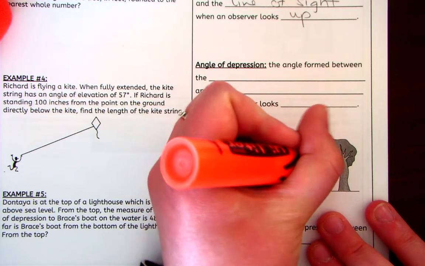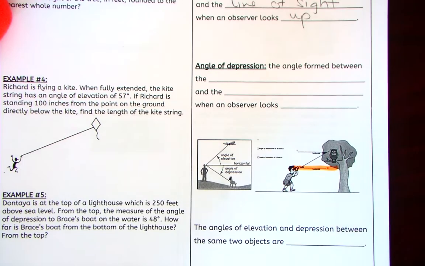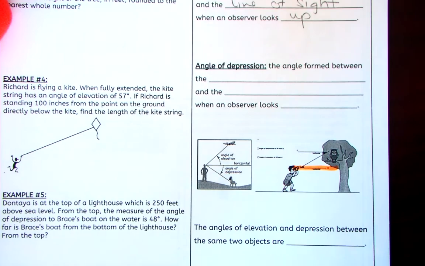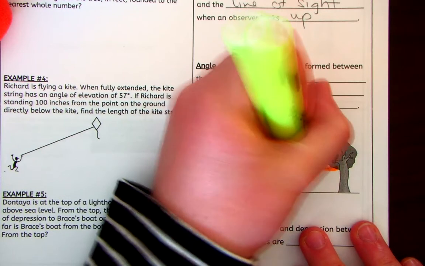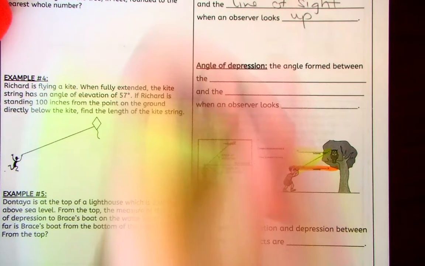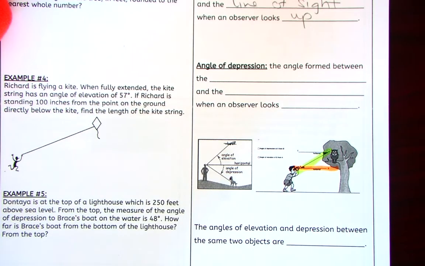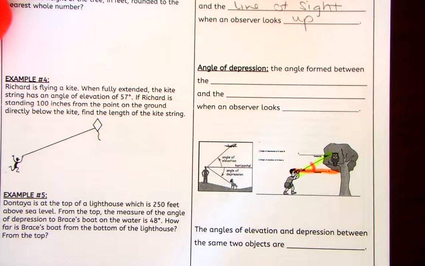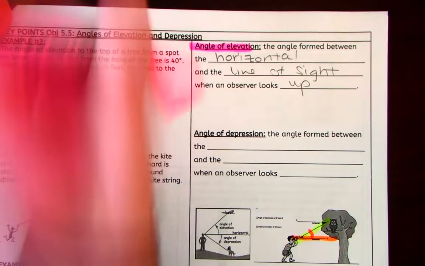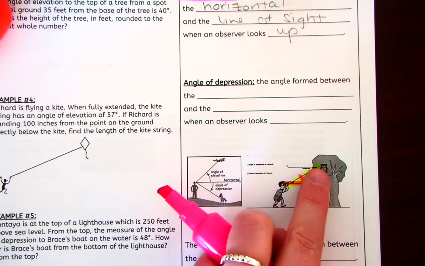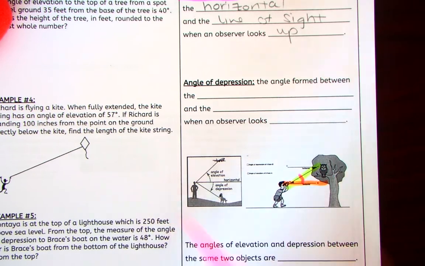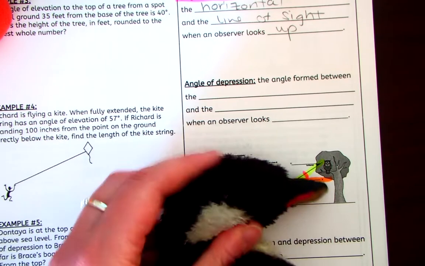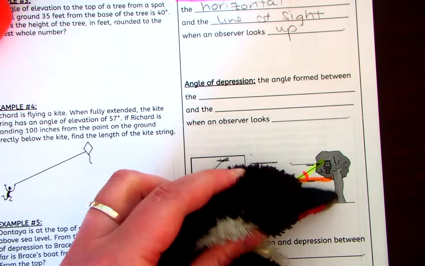Straight forward is horizontal. And then the line of sight as he looks up is right there. As he looks up, this angle that's formed is the angle of elevation. Again, as he looks up.